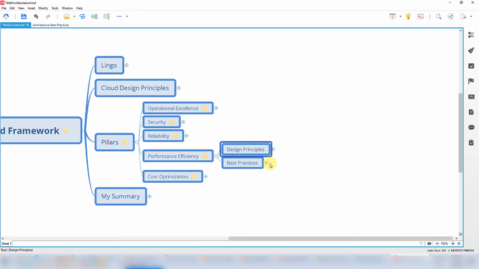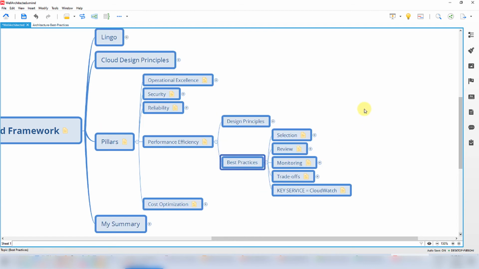Let's look at best practices for performance efficiency. Selection of resources. Now, resources are available in various types and configurations. Use switches to enable, disable options and decide which configurations to use and which types to use. Leverage managed services that are available with guaranteed performance characteristics.